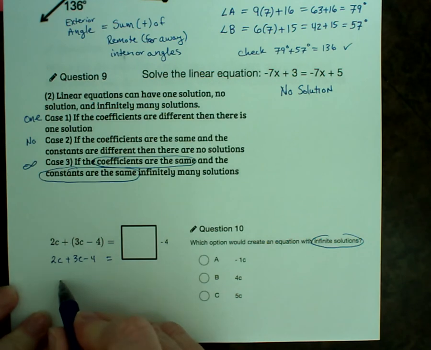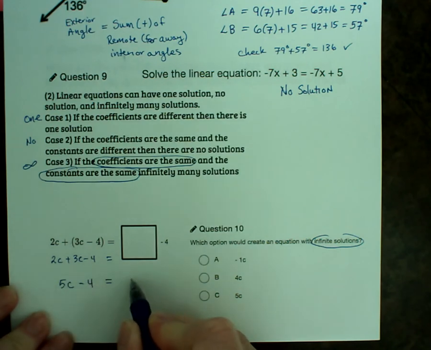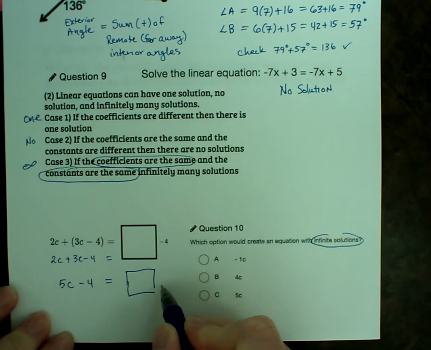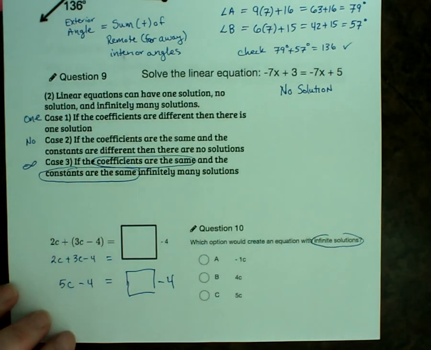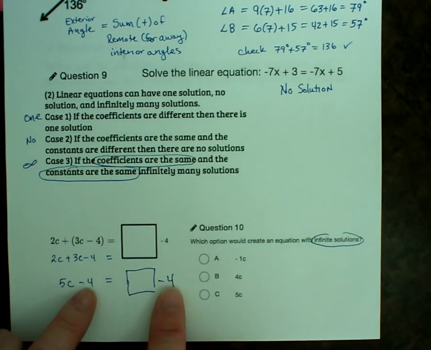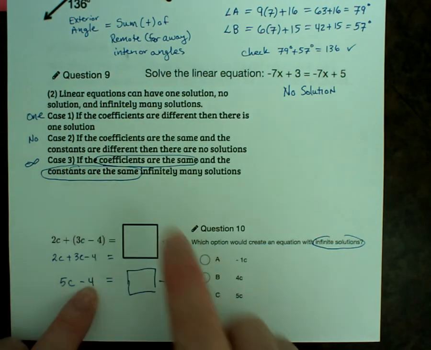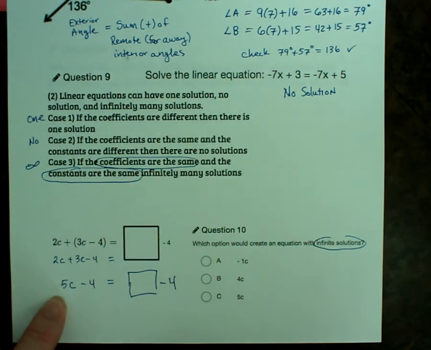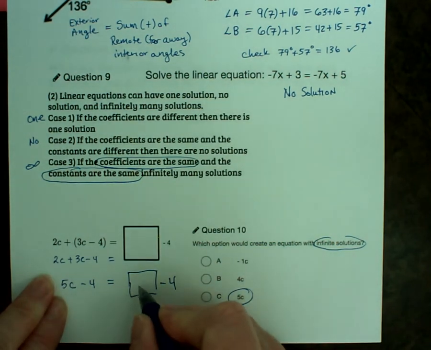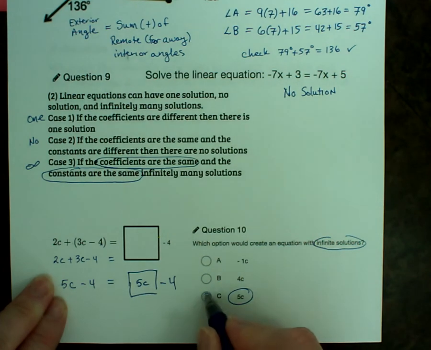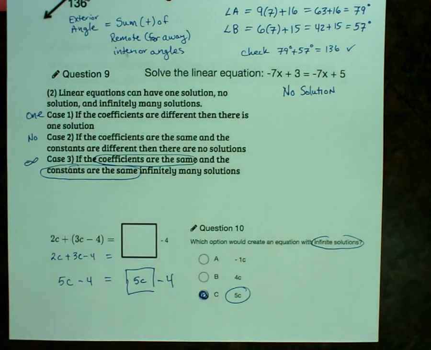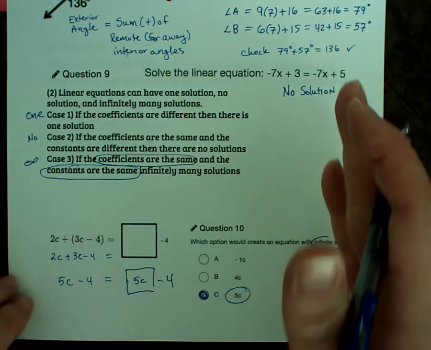That's 5c minus 4 equals square. So the constant is minus 4, and then the coefficients have to be the same. Those were all worth 1 point.